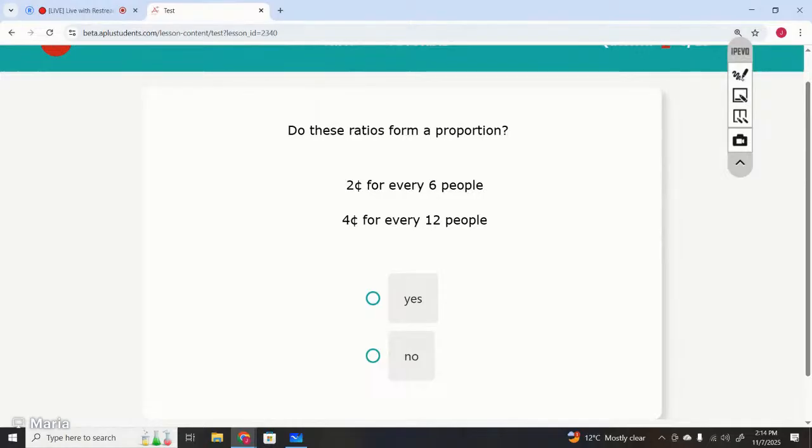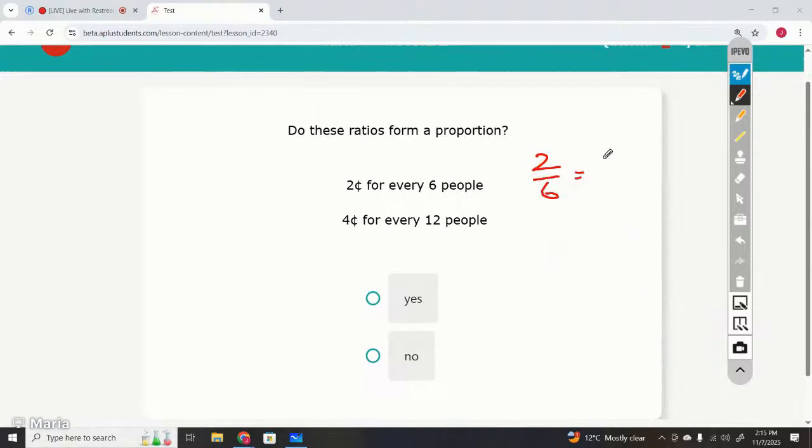Do the ratios form a proportion? 2 to 6 and 4 to 12. Cross multiply: 6 times 4 is 24, and 12 times 2 is 24. So 24 equals 24.